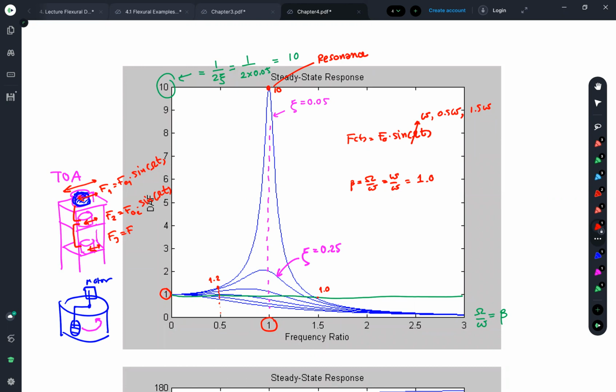To make the natural frequency of your structure far away from the forcing frequency. Therefore, the ratio is not close to 1. That's why you can expect a smaller amplitude in the DAF. You can see very clearly.